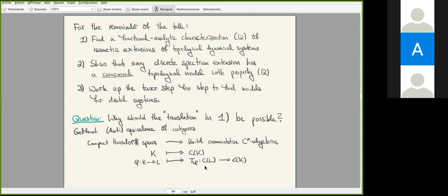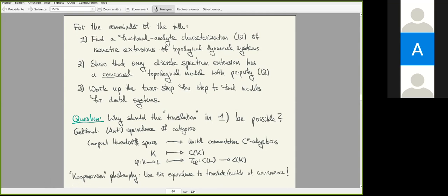And the fact that this is an anti-equivalence of categories means that in principle, you should be able to translate any property in one category to a property in the other category. And this is precisely the content of the philosophy which is called Koopmanism.